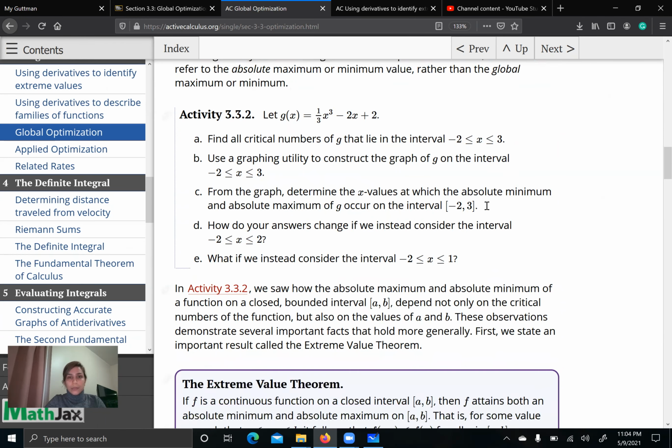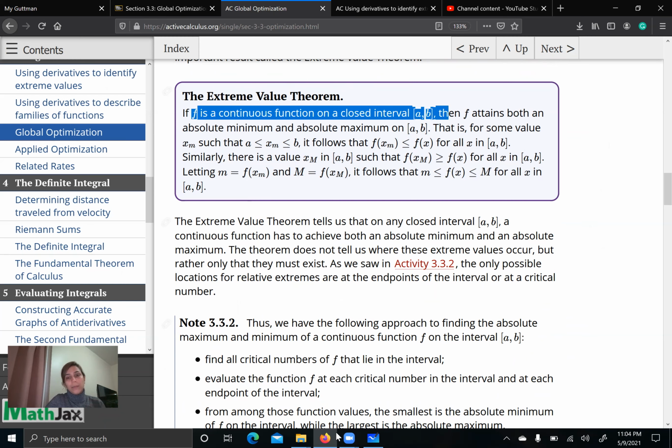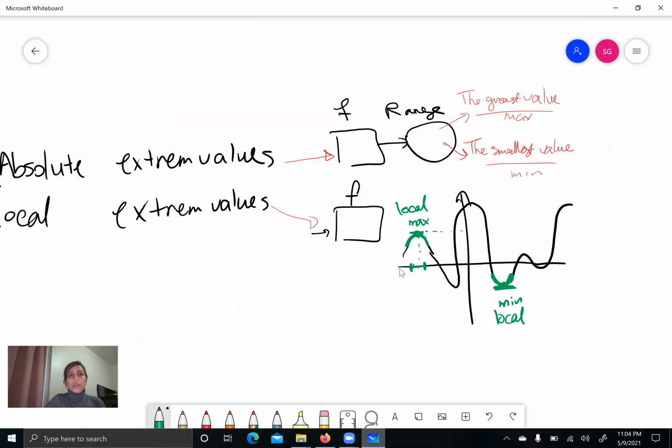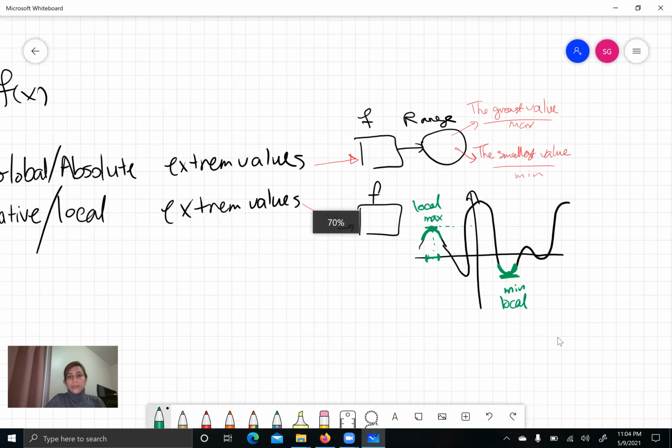We have a theorem, the extreme value theorem, which is going to be very fundamental when we are talking about extreme values. It says that if you have a continuous function on a closed interval, it doesn't have to be over its domain; this theorem works for any closed interval.